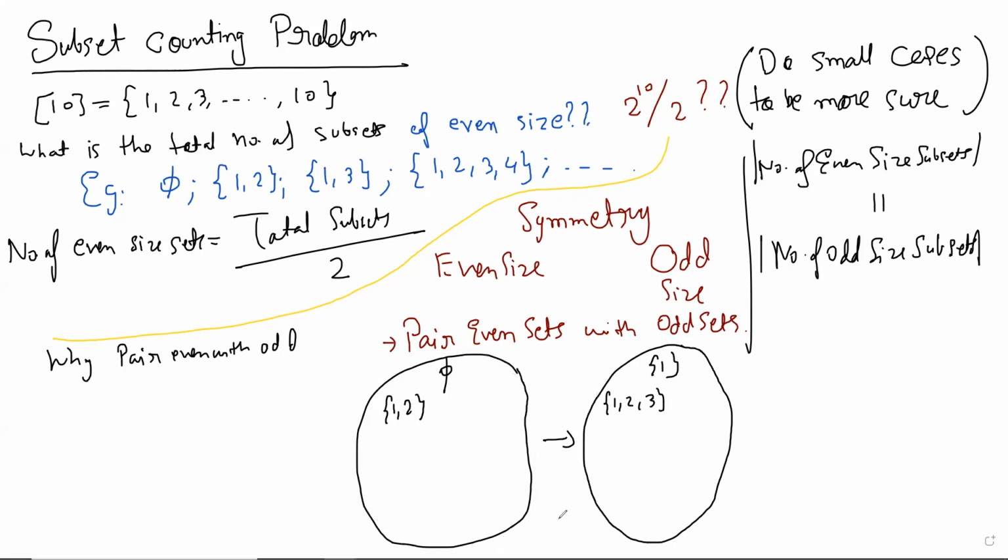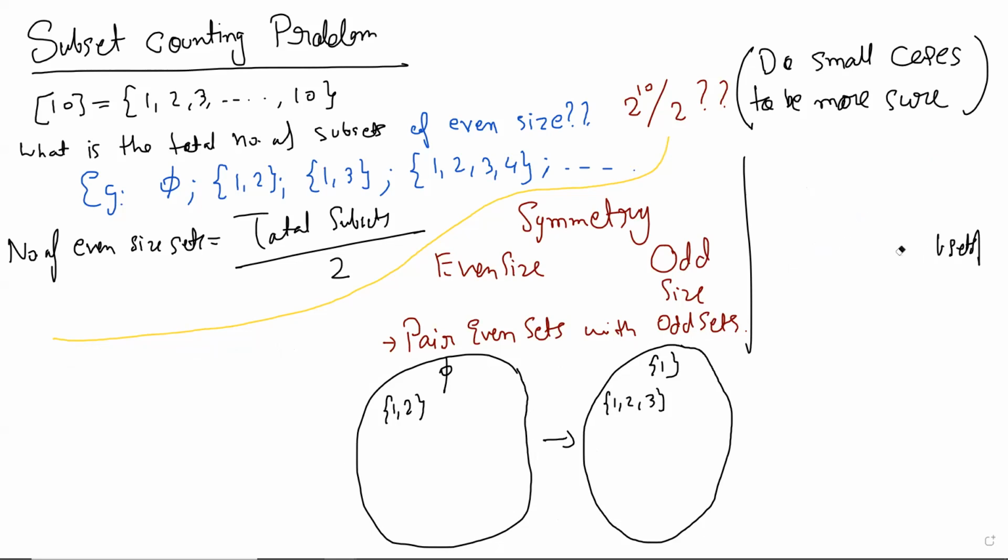So now the question is, what is the way to pair? What will be a natural way to pair the things? We want a natural way, a prescription, a description. Consecutively. So how can you go into more details?